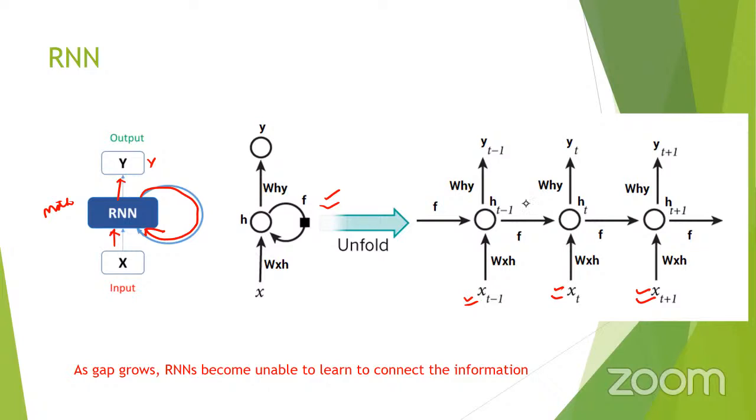What exactly is happening in RNN is, first of all, this xt minus 1 will be encoded, or your feature will be extracted from this xt minus 1, and it will be converted to some other state known as the hidden state of your neural network, represented by this ht minus 1, right?